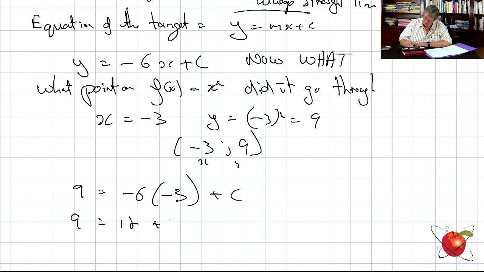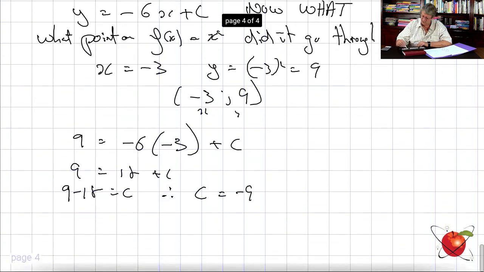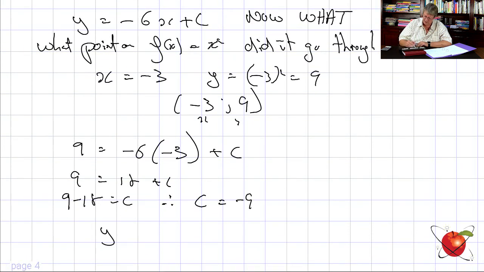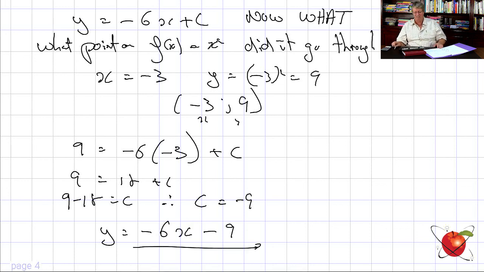Therefore, 9 minus 18 is c. Therefore, c is going to be equal to minus 9. Thus, the equation of the tangent is y is equal to minus 6x minus 9. That is it. And from then on, you can do anything with that if you like.